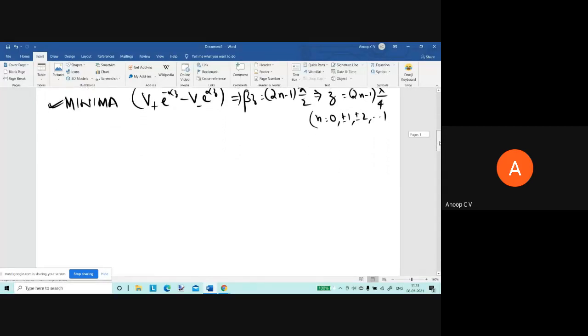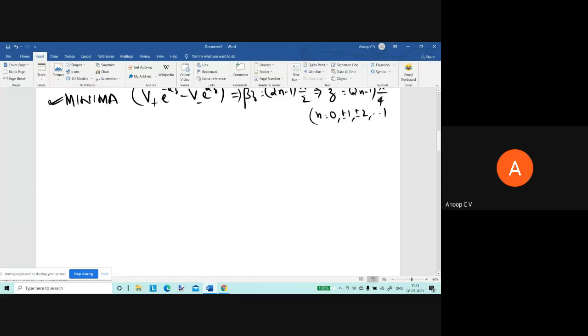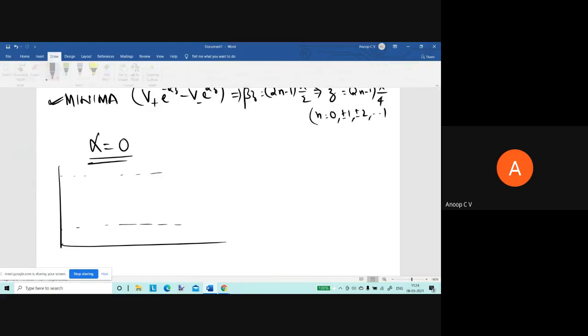Then what we did is we plotted the variation of magnitude with respect to z, right? So initially for alpha equal to 0, how did we plot this? For alpha equal to 0, I'll take another color.